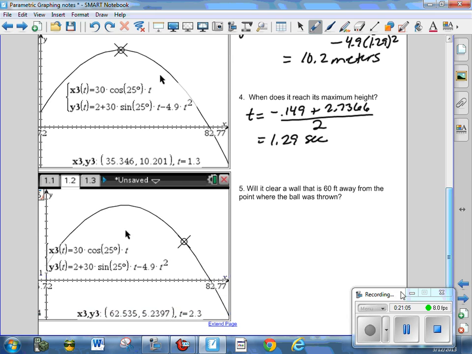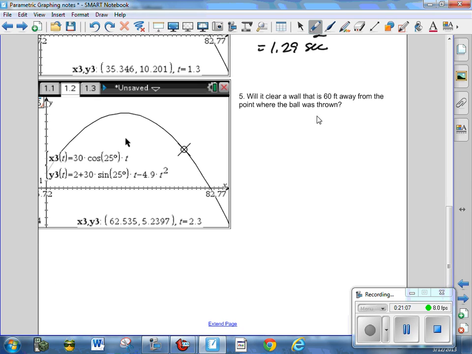Now the last question is, will it clear a wall that is 60 feet away from the point where the ball was thrown? So basically we're saying we have a wall that's 5 feet high at 60 feet away. This is at 60. I don't really know exactly where that is. But notice I've traced past 60.